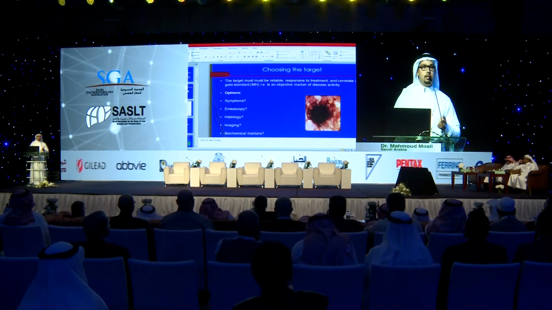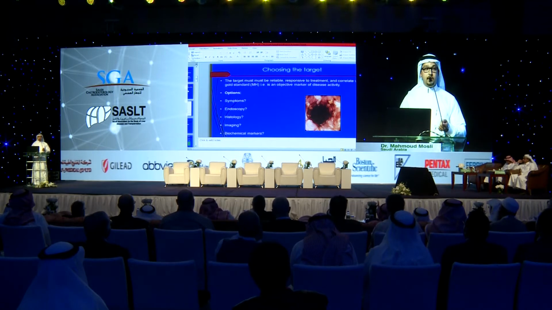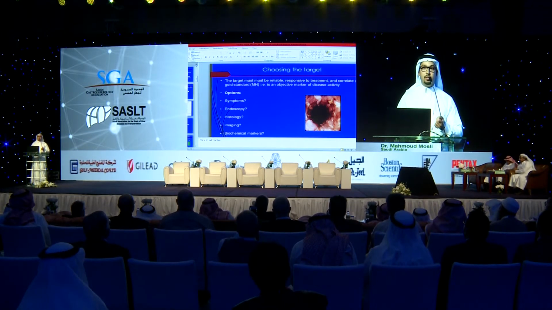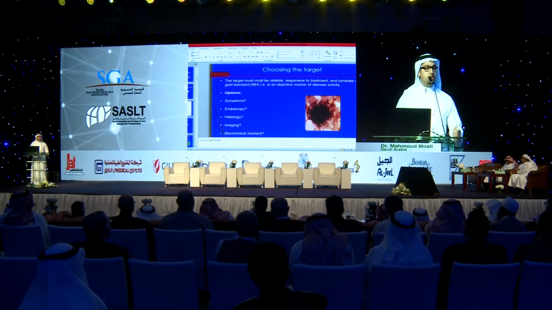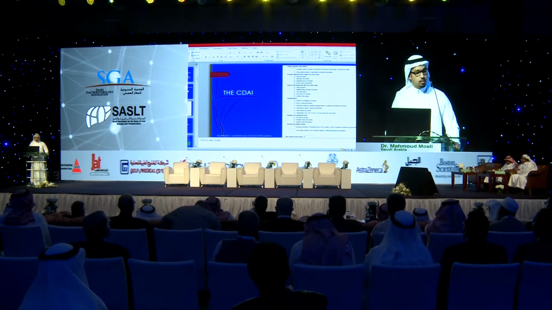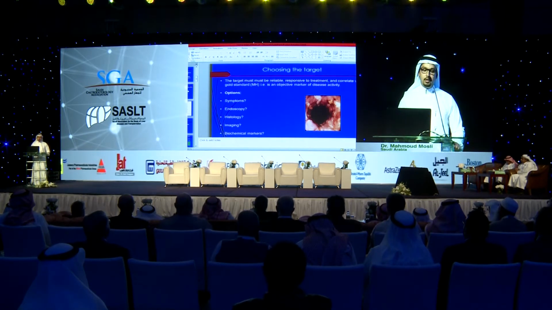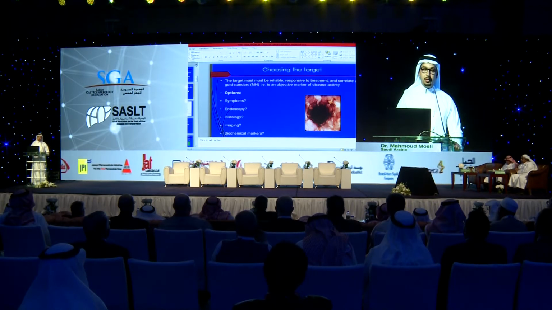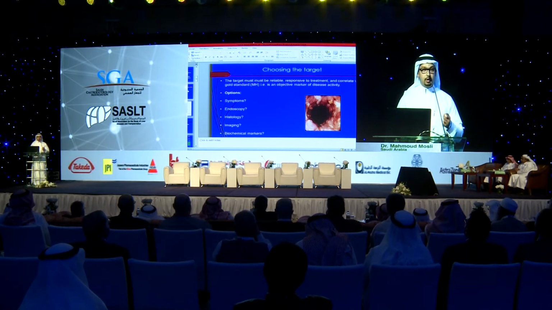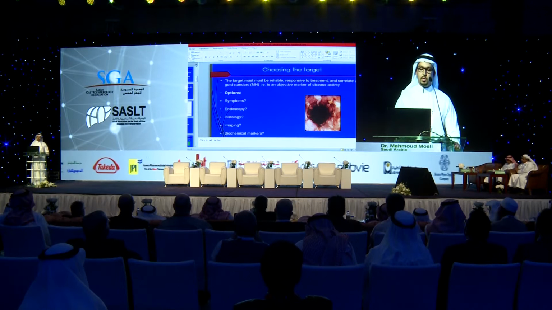Now, how do we choose a target? The target must be reliable, responsive to treatment, and valid. The word valid means that it correlates with the gold standard, or it's an objective measure of disease activity. So what options do we have? Symptoms, endoscopy, histology, or imaging, or even biochemical markers, similar to the ones that Remo had been talking about.